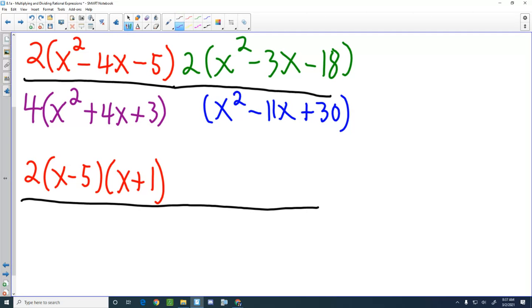That first denominator, the 4, is still out in front. But now look at that trinomial in purple. I need 2 numbers that multiply to 3 and add to 4. 3 and 1 work. x plus 3, x plus 1.